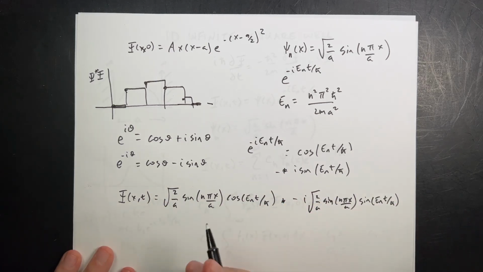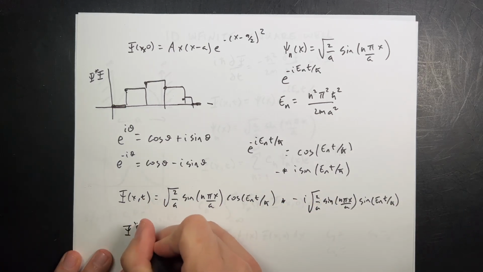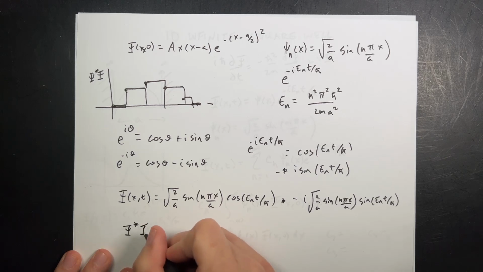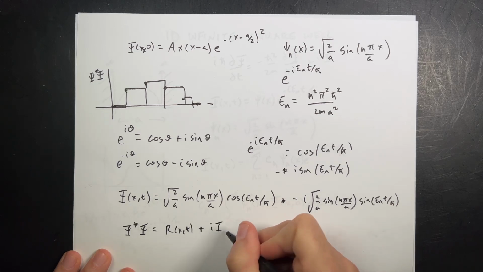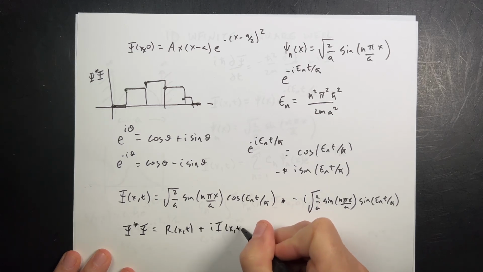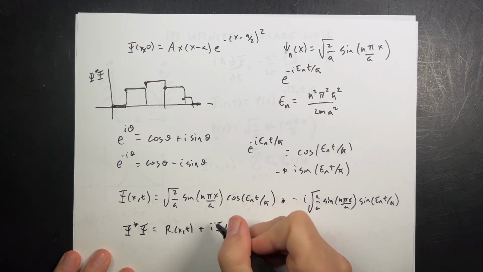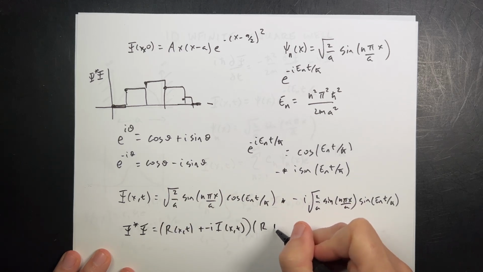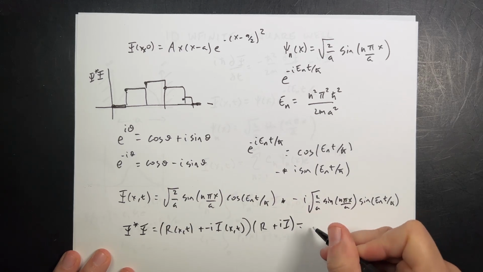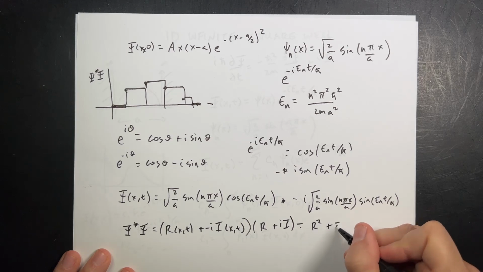And then when I go to find psi star psi, that's just going to be the real part of x and t plus i times the imaginary part of x and t, times its complex conjugate. So it's going to be the real part squared plus the imaginary part squared.